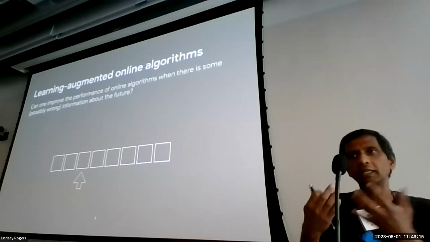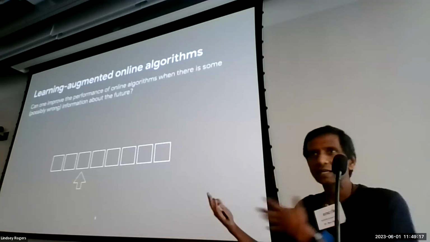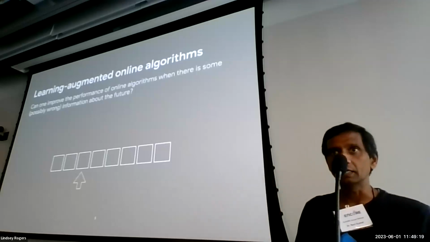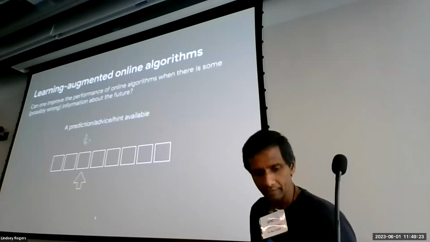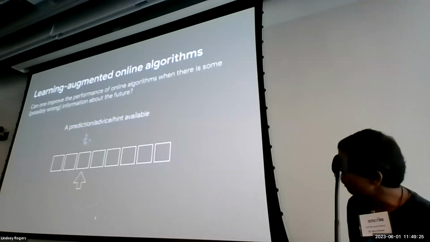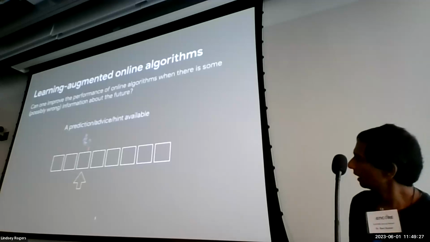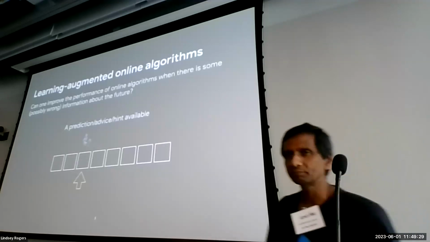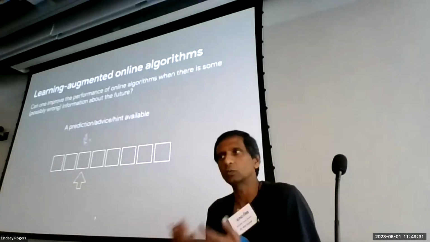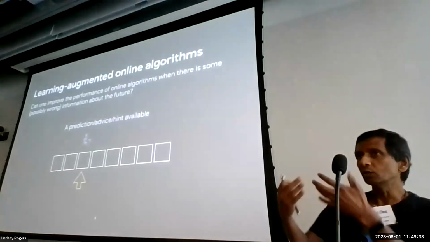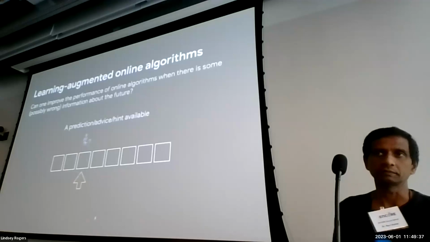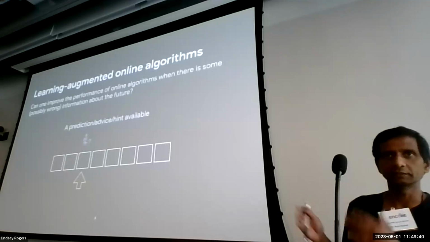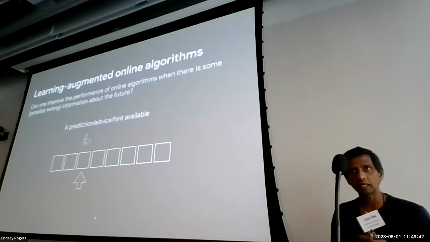Machine learning models give some idea about the future. Can we marry these two concepts in a meaningful way? So again, you have this online setting, and just before the algorithm makes a decision, what if it has access to some kind of a hint or a prediction or an advice or whatever you want to call it, and can you use that to improve the measure of this algorithm? That's the high-level question that you want to understand.